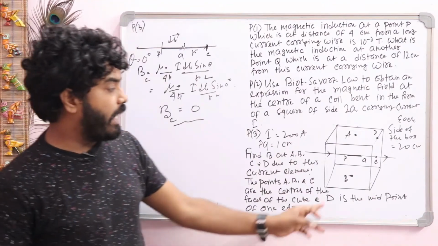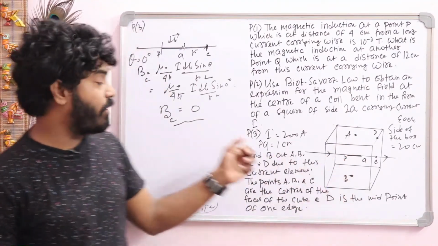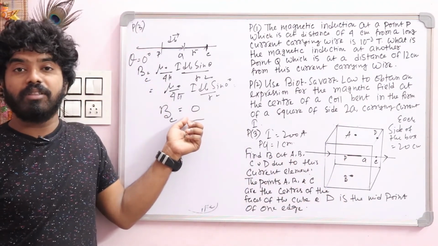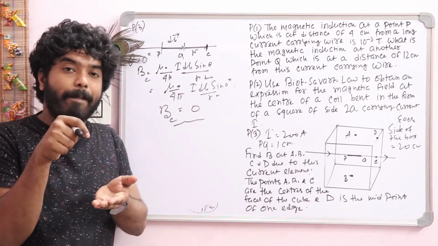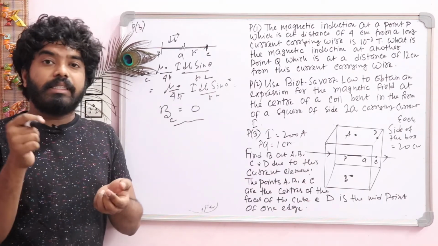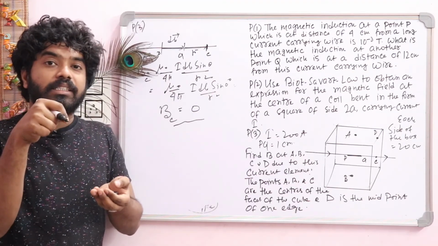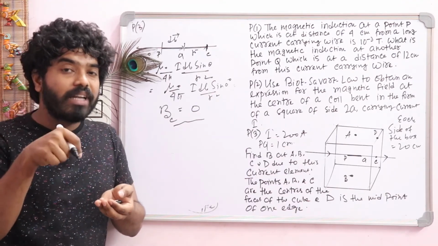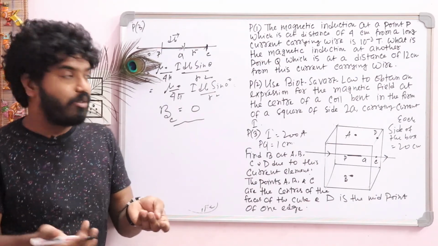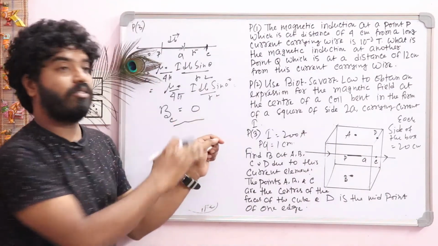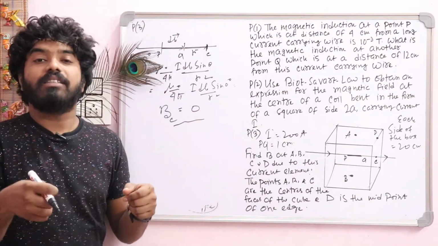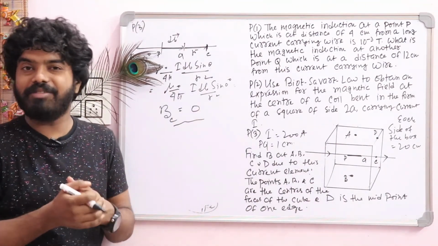Now you find out the magnetic field at points A and B, and you know what is the significance of this value? It means that on a current carrying wire there is no magnetic field. You see, on a current carrying wire the magnetic field is 0, but surrounding the current carrying wire there is a magnetic field.